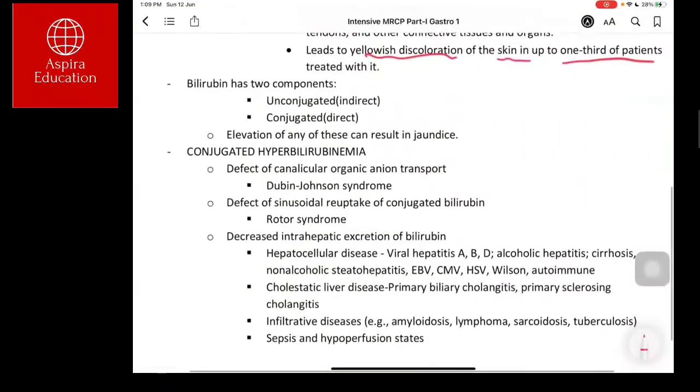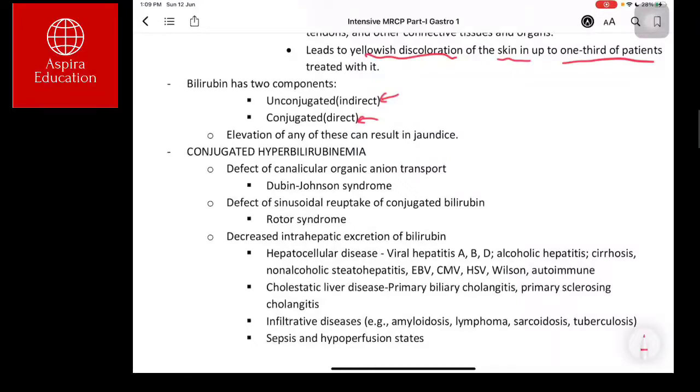Bilirubin, when we see it in the lab report, has actually two components. One is unconjugated and the other is conjugated. Unconjugated is fresh bilirubin which has just been created as a byproduct from the degradation of hemoglobin.